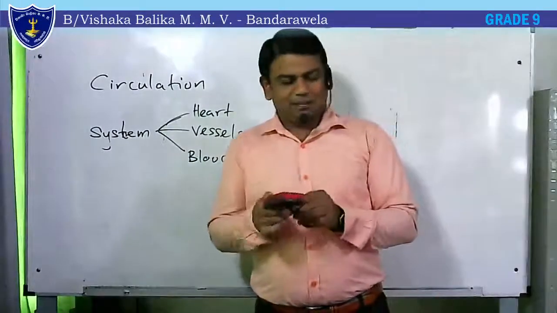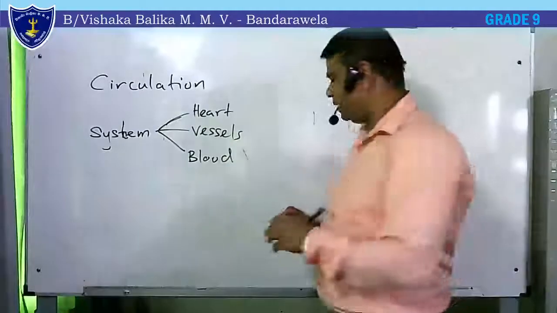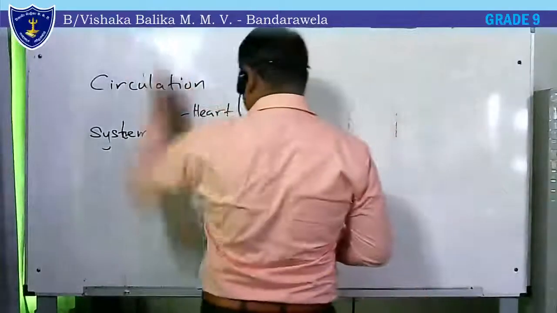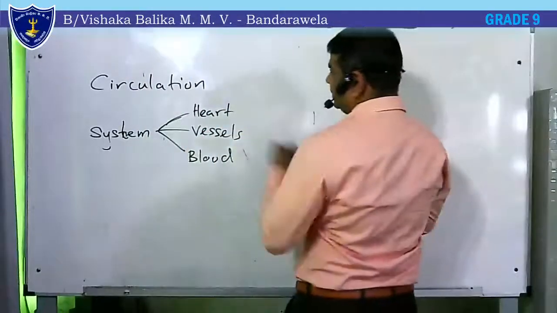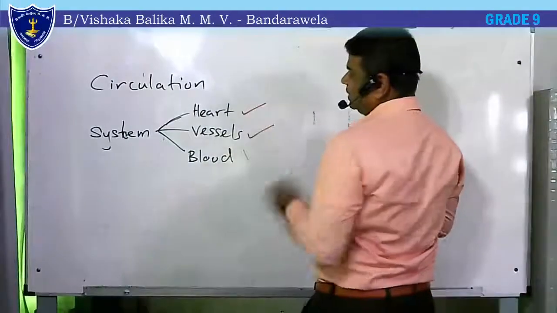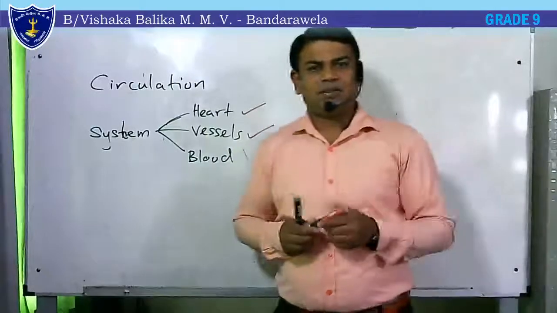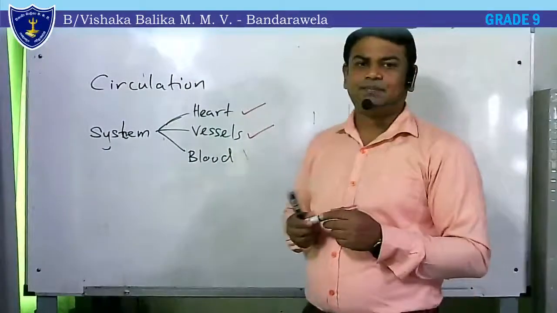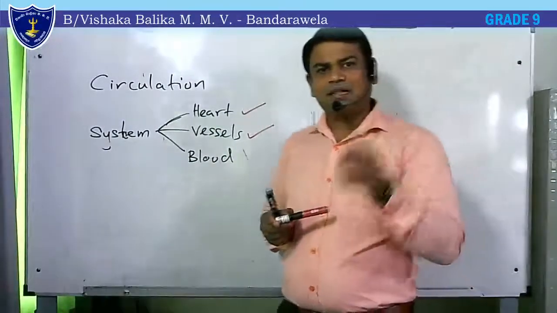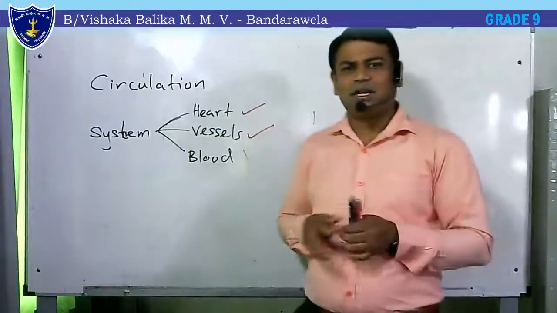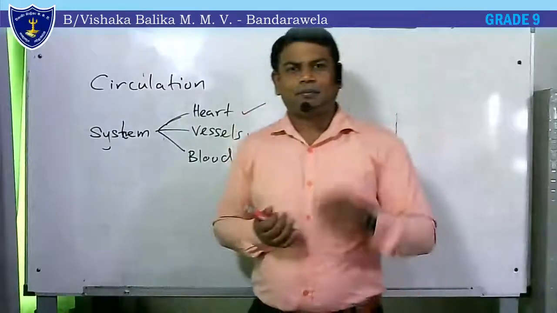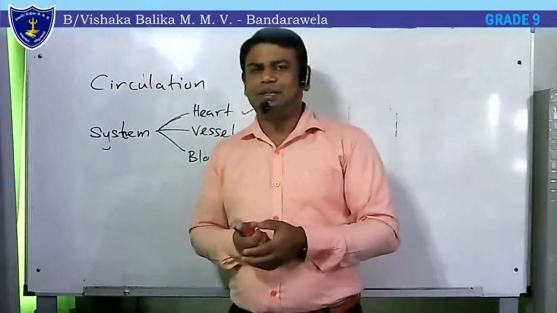And last week we completed two components from this, that is the parts of the heart and the blood vessels. The components of the heart and their functions we discussed.